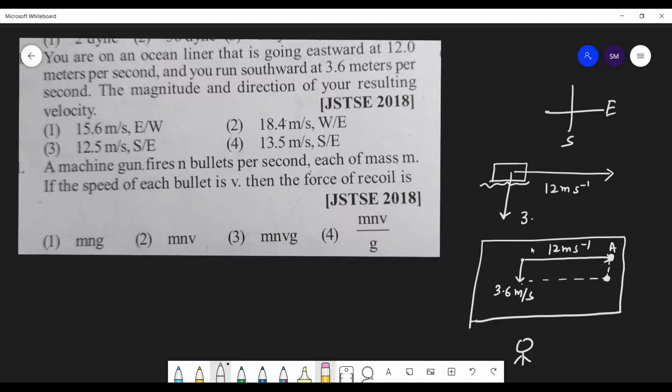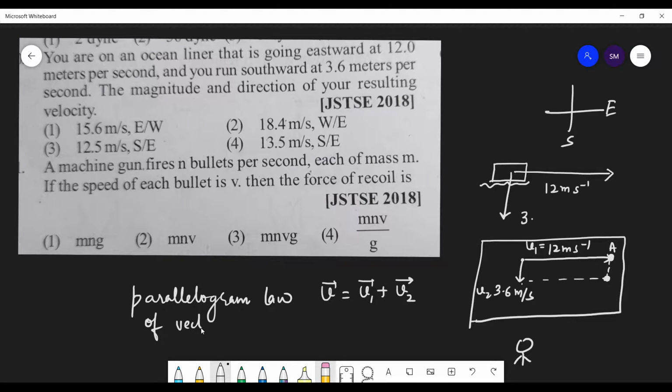So you are adding these two velocities. This is v1, you can assume, and this is v2. So the resultant velocity is equal to velocity v1 plus velocity v2. And you know that to add the velocities, we use the parallelogram law of vector addition, right?